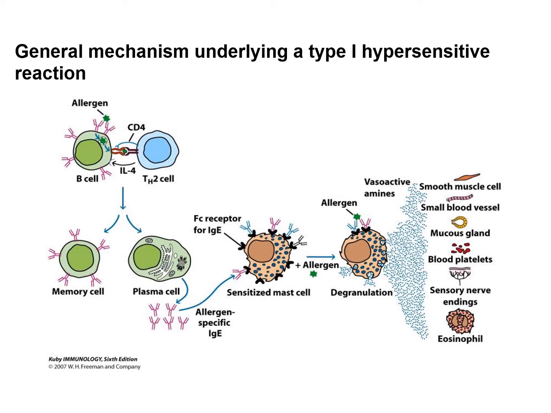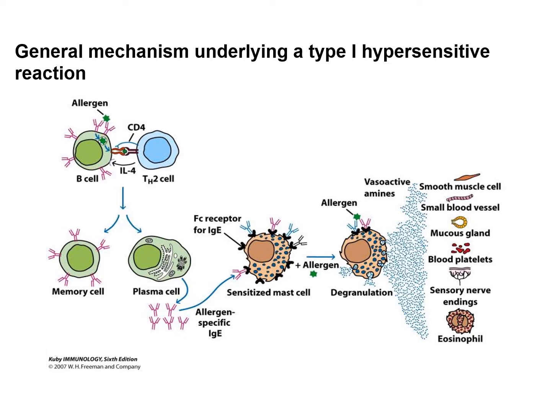This can cause the formation of memory cells and plasma cells. Plasma cells can produce the antibody, which is primarily IgE, and it can bind with mast cells that can degranulate to release different mediators of allergy.